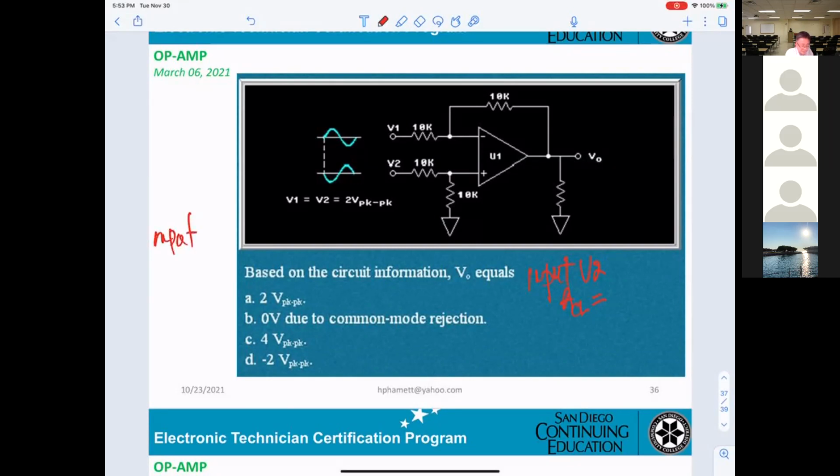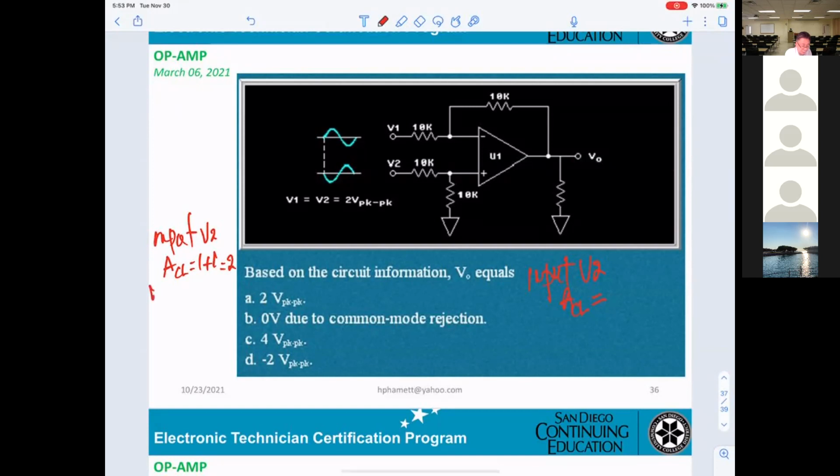Perfect. Input V2, ACL is 1 plus 10K divided by 10K, which is 2.